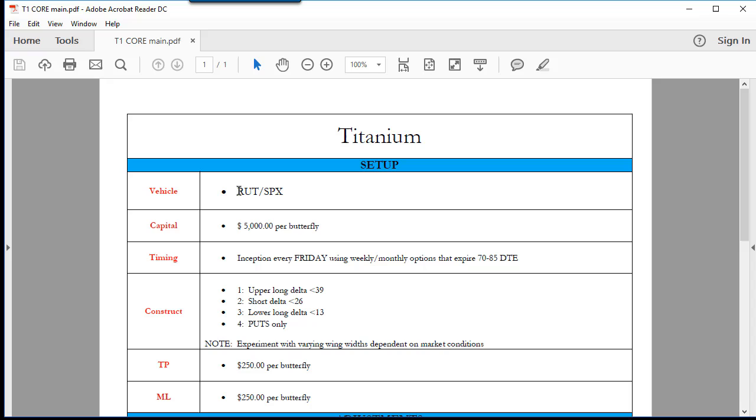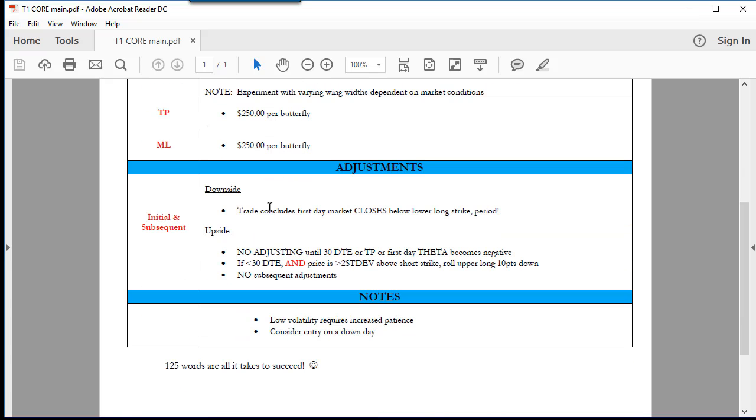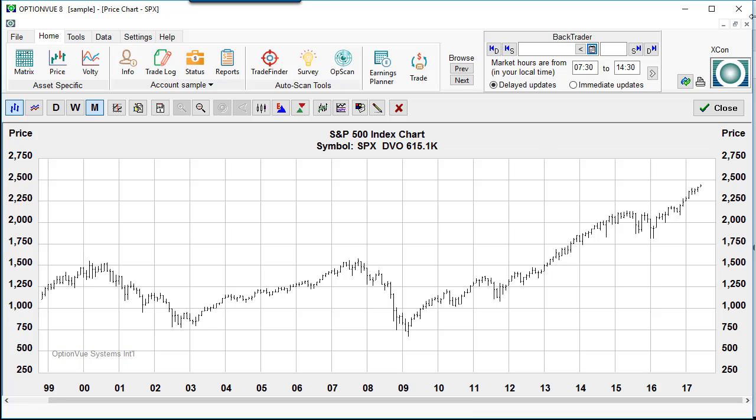But again, when you're starting out and when you're testing and when you're paper money trading and when you're small live trading, please try not to deviate too much from these core guidelines and gain some insight, gain some knowledge, and ask yourself if it's valid, if it's viable, if it's worthwhile.